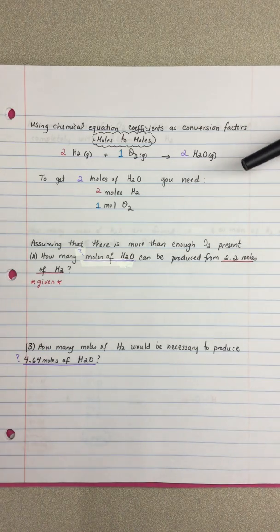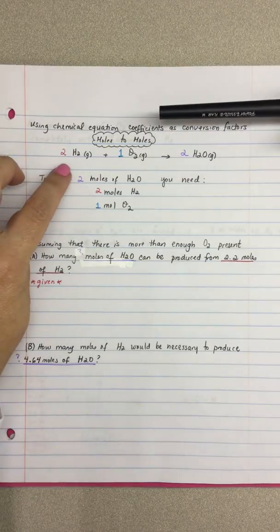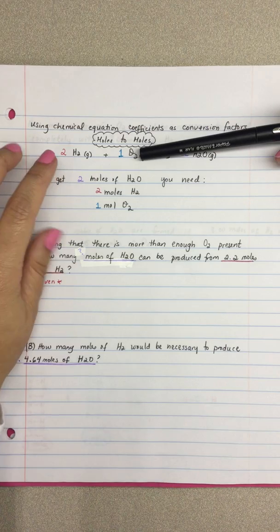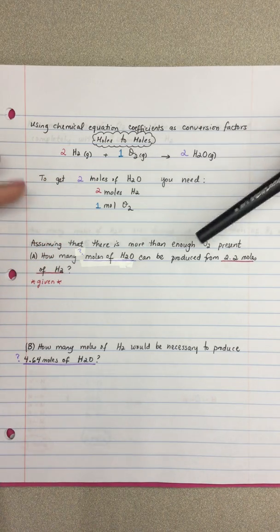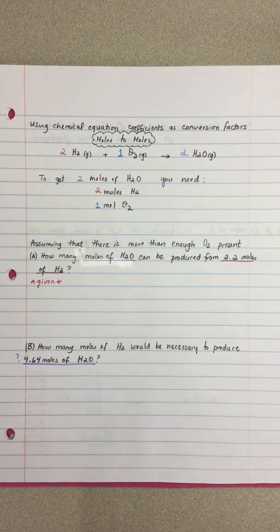What that means is that, look, for every 2 moles of water that you're forming, you need 2 moles of hydrogen and 1 mole of oxygen. Here, you're not given an amount of oxygen, you're just given an amount of hydrogen. So you have plenty of oxygen to react with this hydrogen to get the water.